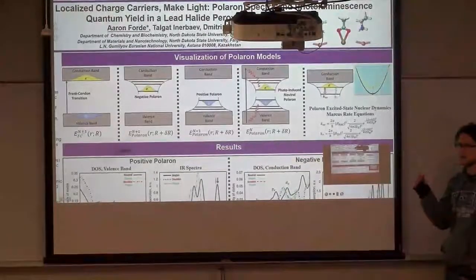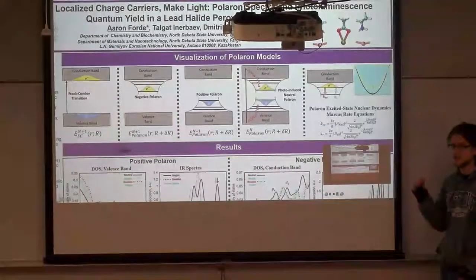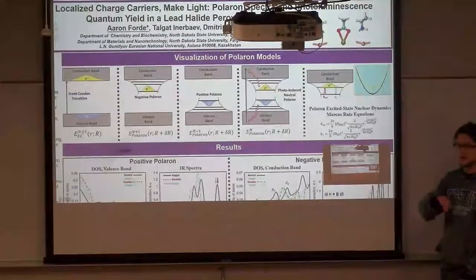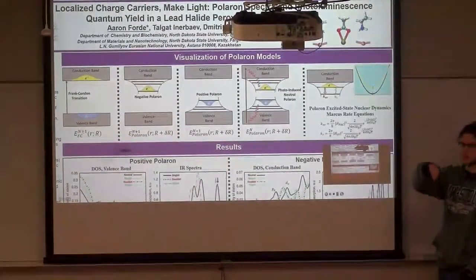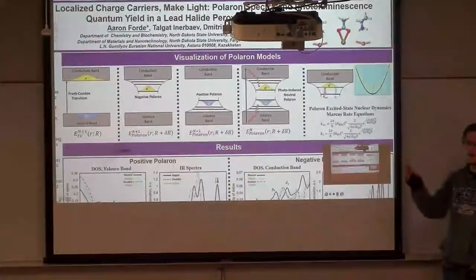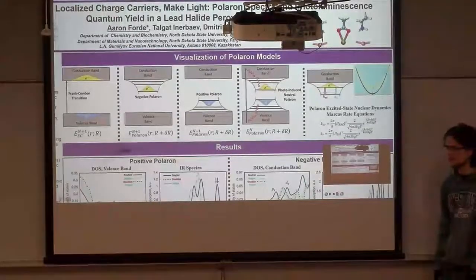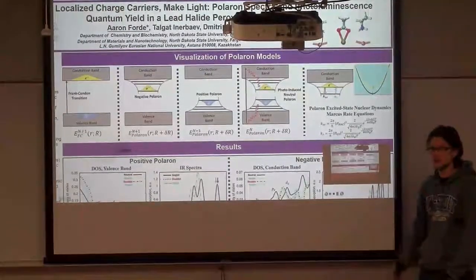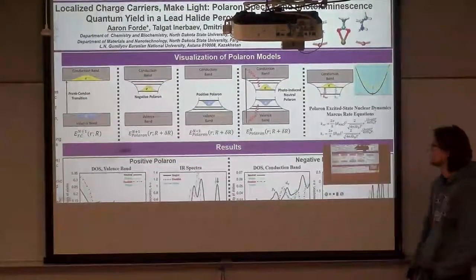Since the energy spacings are so small, small reorganization energies might actually have a big influence over how well they emit, because from Marcus theory, there's an inverted region for how efficient your emission can be. So there's an optimal point where you want your reorganization to be. If you're away from that, your emission's not going to be very good. So we're trying to incorporate that into our models as well, because Redfield theory typically doesn't account for reorganization energy.